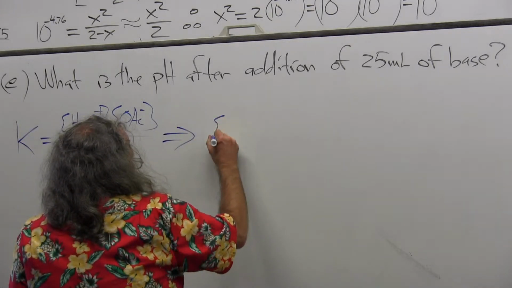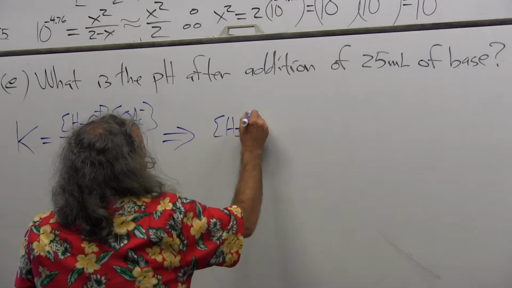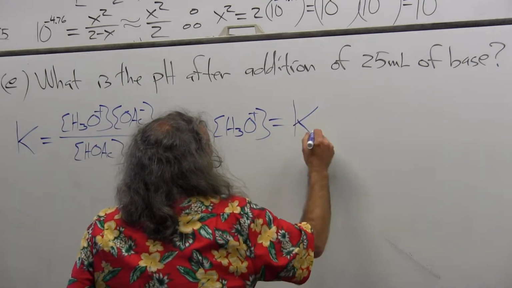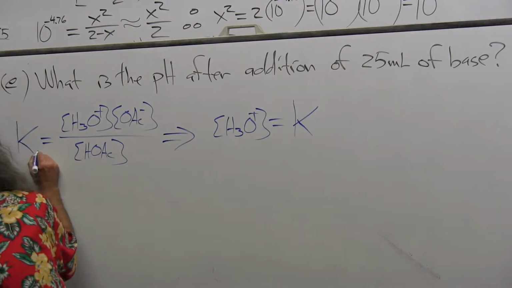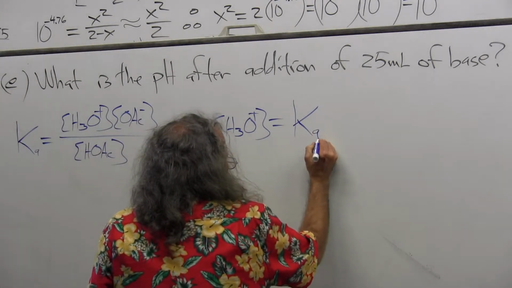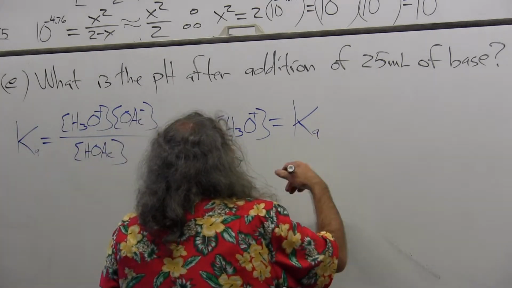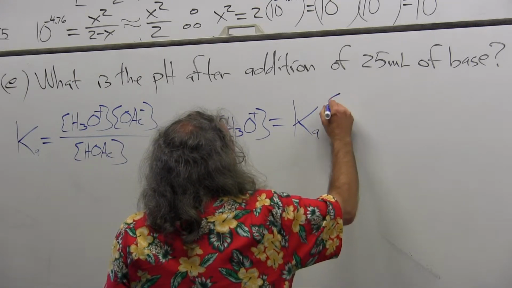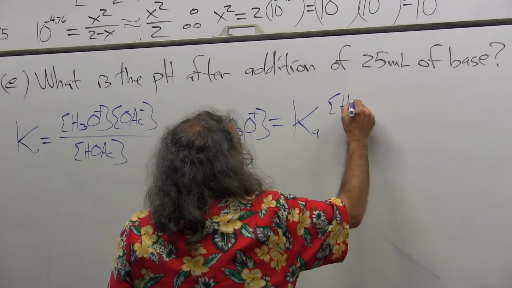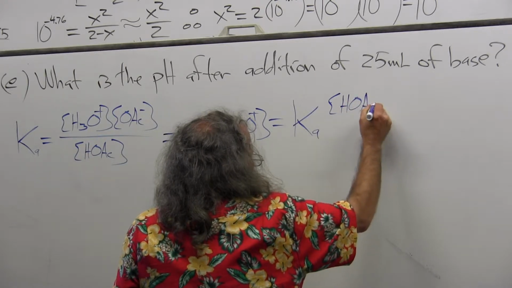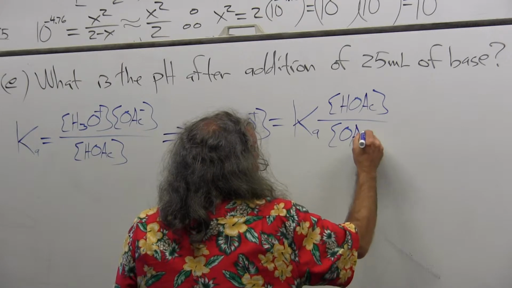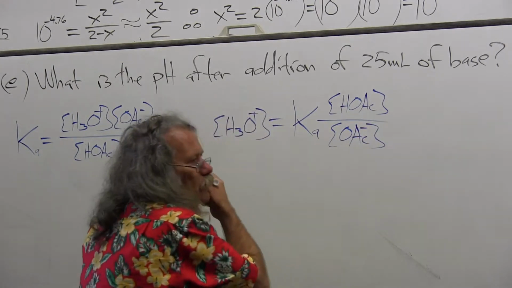Hydronium ion concentration is equal to K, and I'll put a little A here because it's an acid ionization constant, Ka, times the acetic acid concentration divided by the acetate ion concentration.